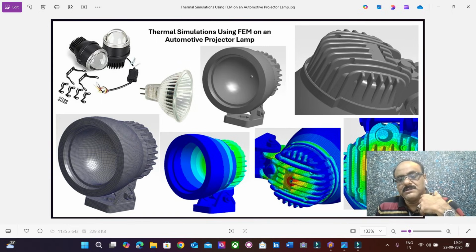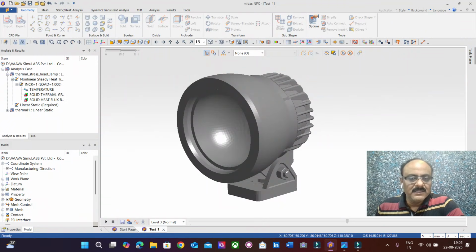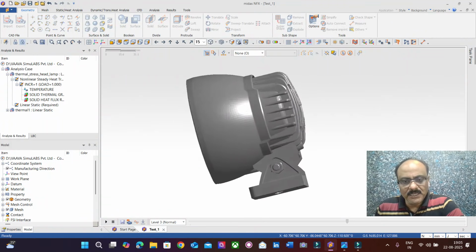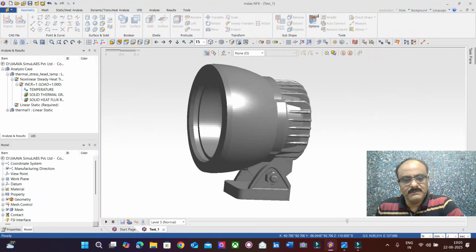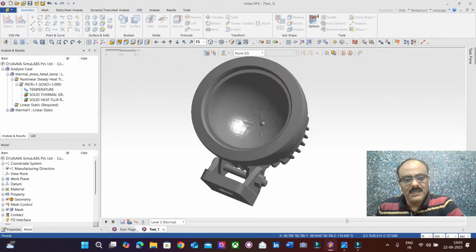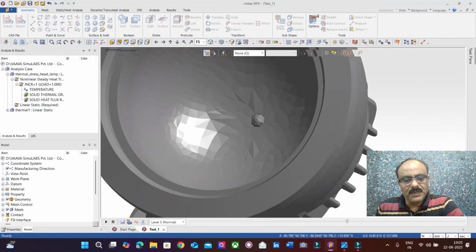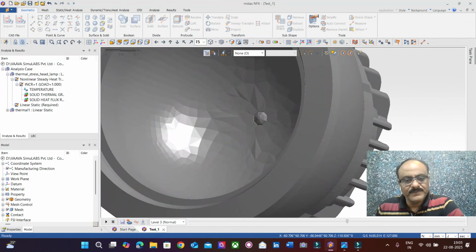Now this is a process using the finite element method, and we are going to study how thermal simulations are carried out on these particular systems. This is the three-dimensional model of your projector lamp, and we have the bulb at the center.